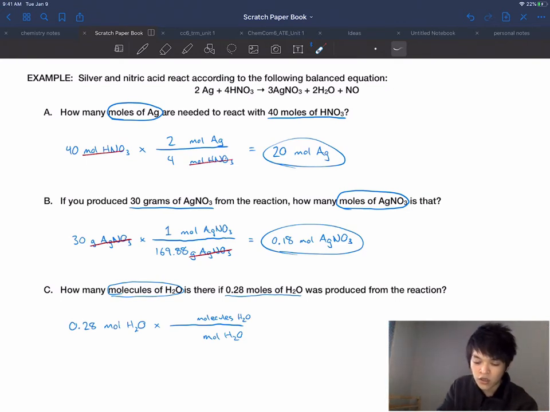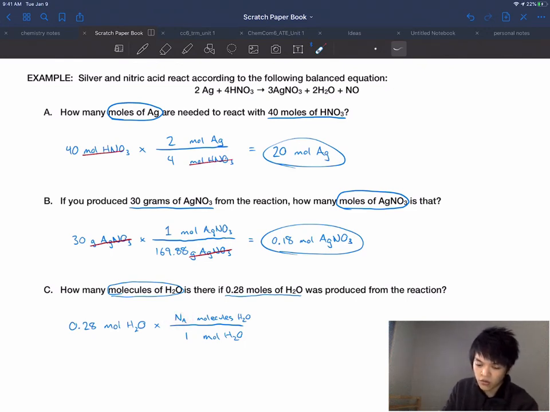So what we can do is abbreviate it so that we can save some space. 1 mole of anything, like water, 1 mole of water is 6.02 times 10 to the 23 of that thing, water. So instead of writing that huge number, I'm going to write this, which represents Avogadro's number. It represents 6.02 times 10 to the 23, so that we don't make this all messy.